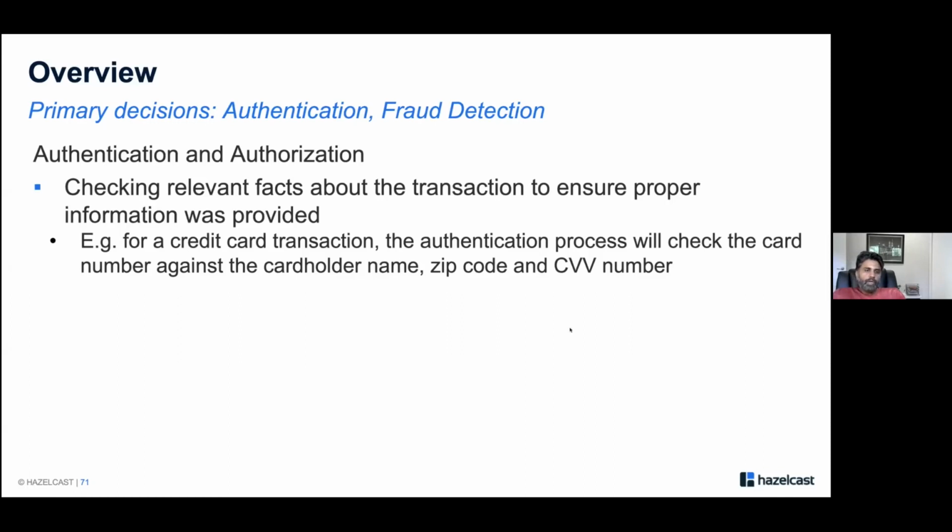In a typical payment transaction processing, there are several things that happen, and the two key stages are authentication and fraud detection, where you authorize whether the transaction is genuine, whether there is enough balance in the account, and so on, and then you run various other fraud detection checks.